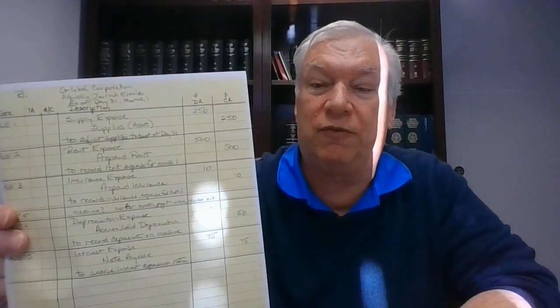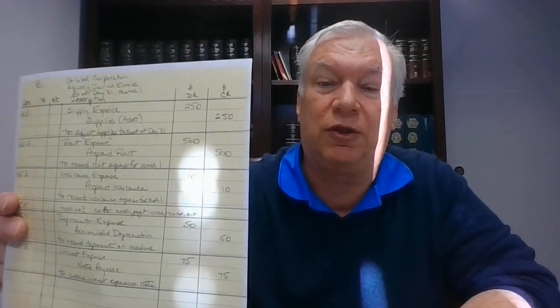Now what you have to do to make your adjusting entries is go to the various accounts and think about what other adjusting entries we have to make. Well, remember that we got a 6-month lease. As of the 31st day of month number 1, we've used 1 month of that lease.